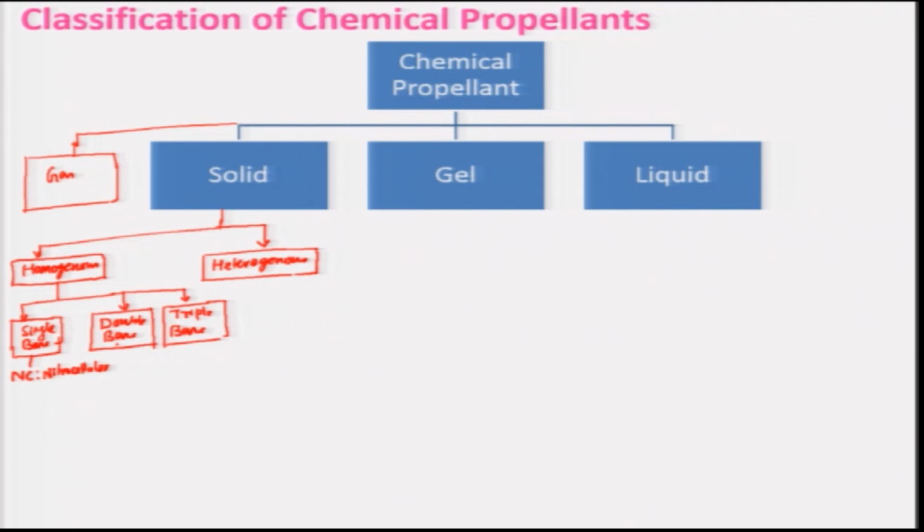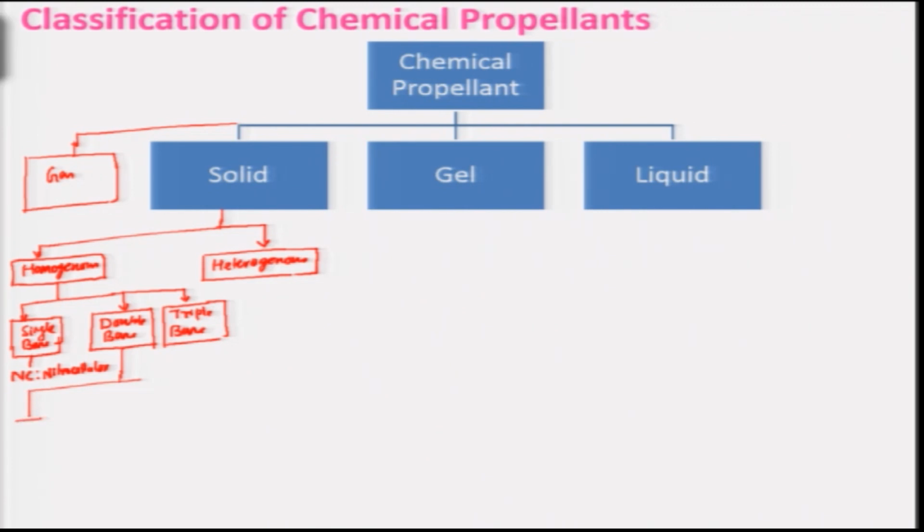As I told, nitrocellulose itself is basically an explosive, and it can be used because it is a single base where both the fuel and oxidizer components are together. And double base propellant again can be divided into two categories.